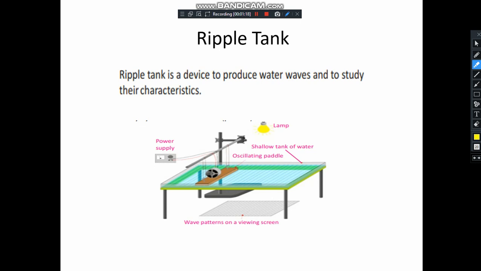When the waves are produced in the water, we throw some light on it, and the behavior of the waves is observed on the screen.